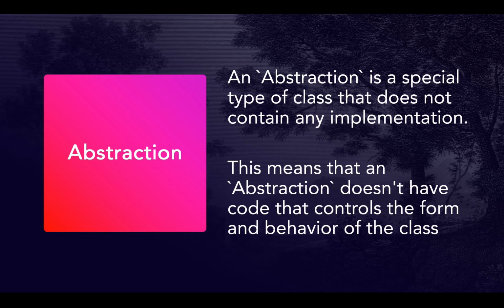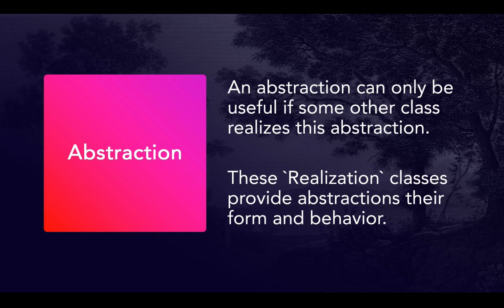So, an abstraction can only be useful if some other class realizes it, and this is where the realization relationship is established. These realization classes provide abstractions their form and behavior.